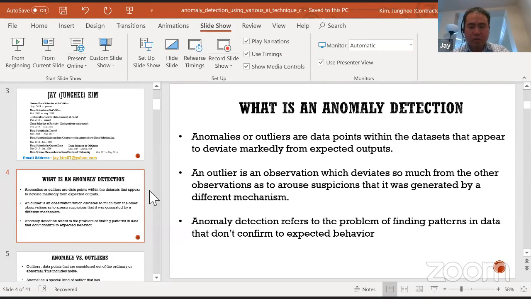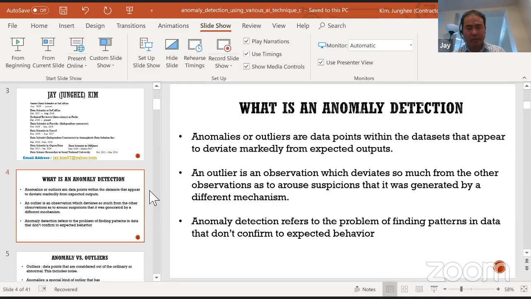So what is anomaly detection? Before we start, we need to understand what anomalies are and what outliers are. They are very similar terms, but actually very different. An outlier can be anything which is abnormal, but an anomaly is something valuable for business.